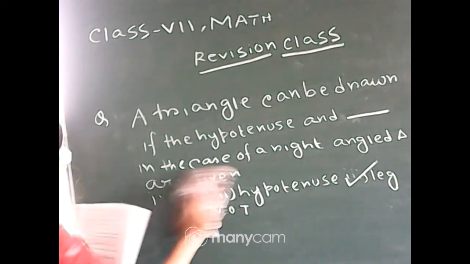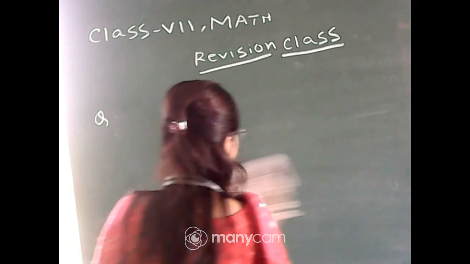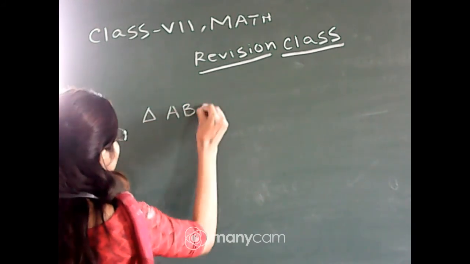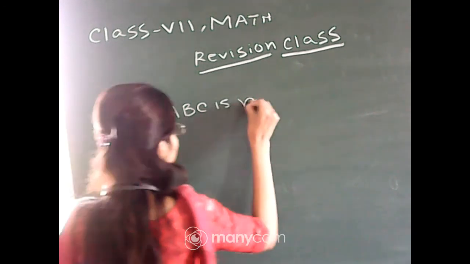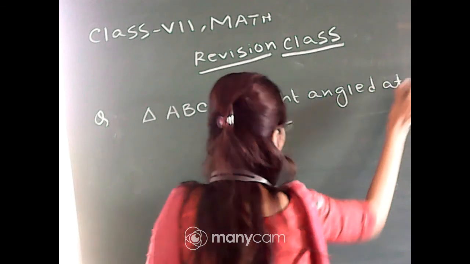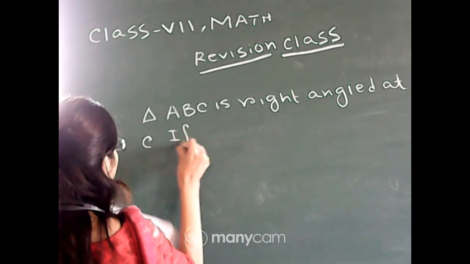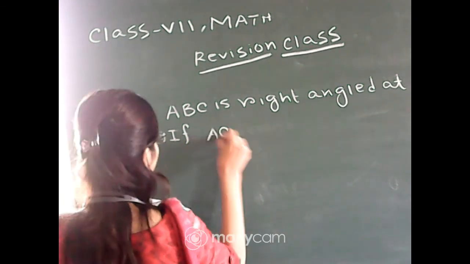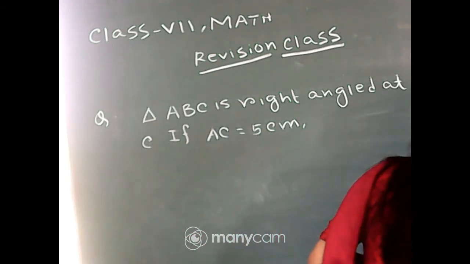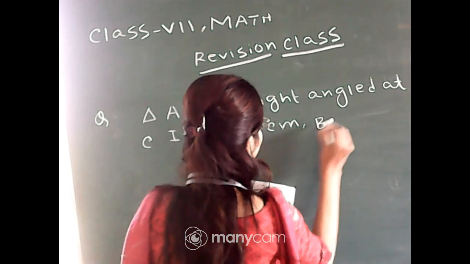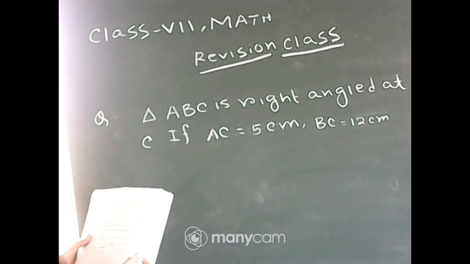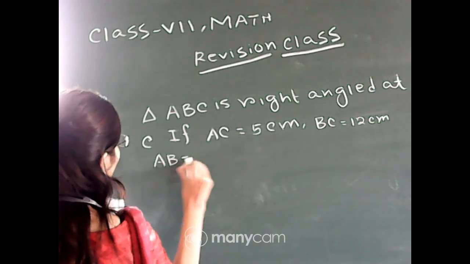Next question is: triangle ABC is right angled at C. If AC is equal to 5 cm, BC is equal to 12 cm, find the length of AB.